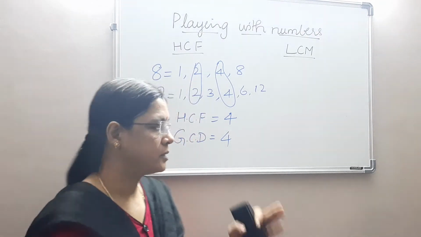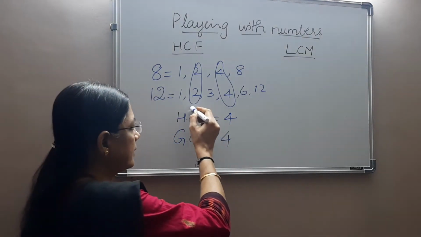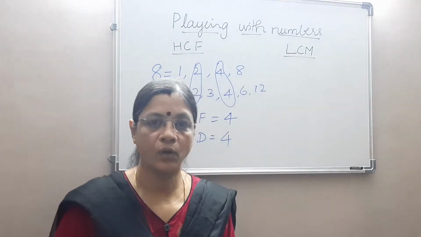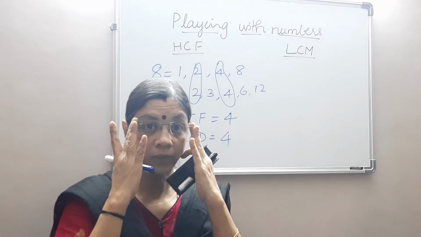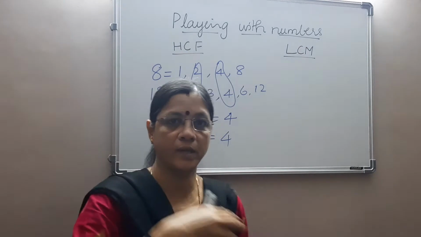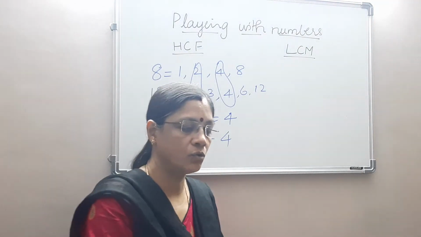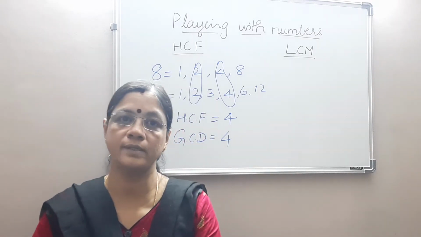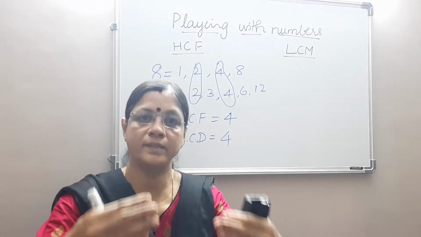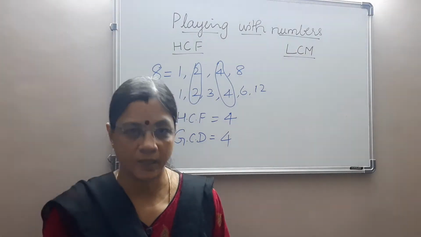So for that purpose, HCF is greatly used, because as I said, there are two common factors, 2 and 4. Let us imagine I have 8 soldiers in one regiment and 12 soldiers in another regiment. I need to make them stand in each regiment separately in rows, but I should have the maximum number of soldiers in each row.